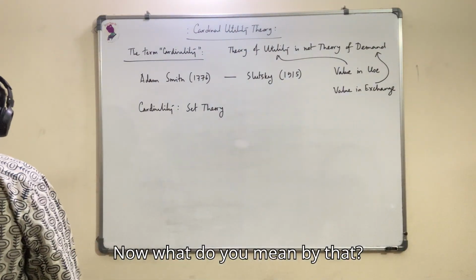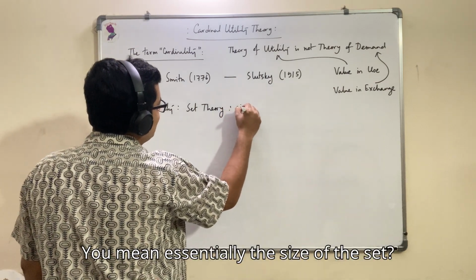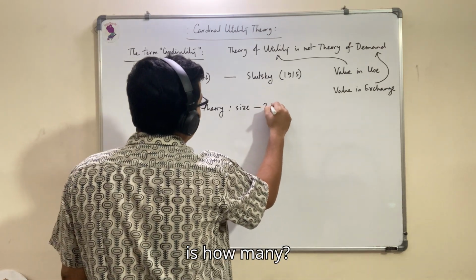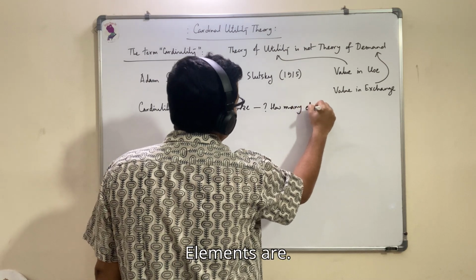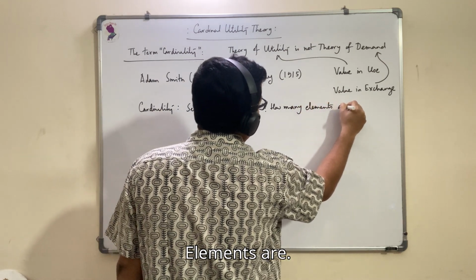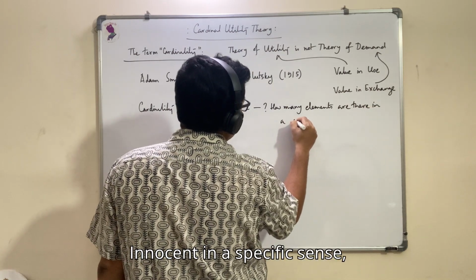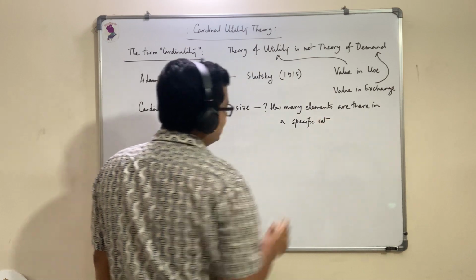Now, what do we mean by that? We mean essentially the size of the set: how many elements are there in a specific set. That's what it did.